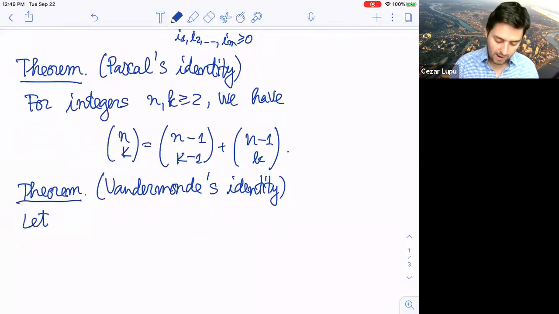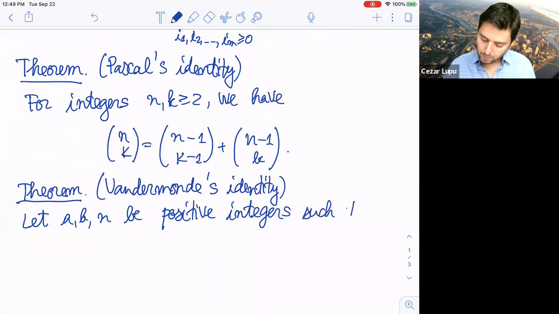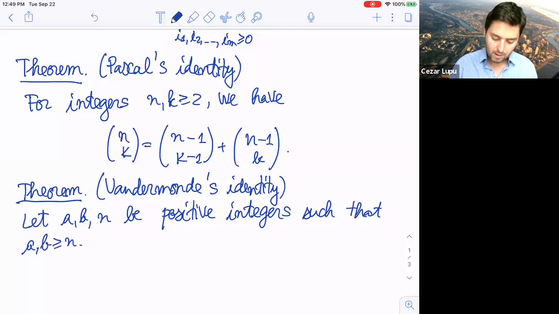Let A, B, and N be positive integers such that both A and B are greater or equal than N. Then we have the following identity.